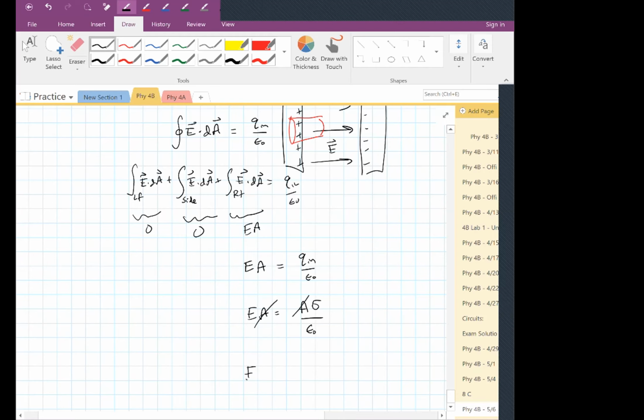And then my E is going to be Q over epsilon naught A. That's the total charge on one plate, and that's the area of the plate. So now we know E.